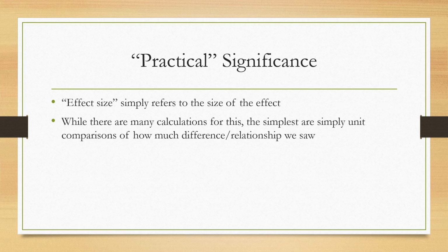There's a bunch of calculations for effect size, quote unquote. Again, it's a buzzword. Everybody's got their own effect size that they like. Cohen's d, eta squared, partial eta squared, modified partial eta squared, generalized eta squared, a lot of eta squareds, r squared, adjusted r squared. There's a bunch of them. Depending on the particular tests, there are some that are more common than others. But for me, I actually really like to keep it simple when possible.